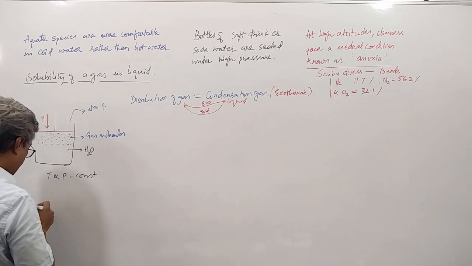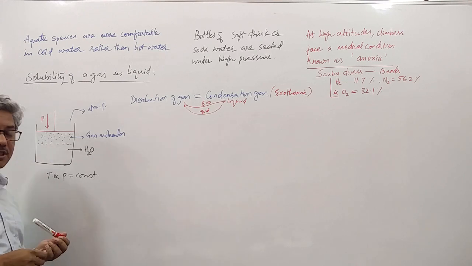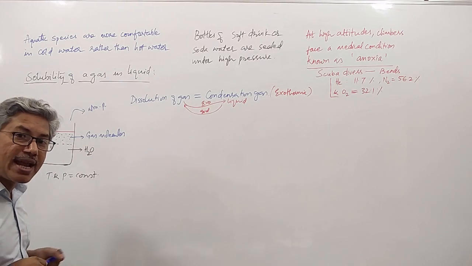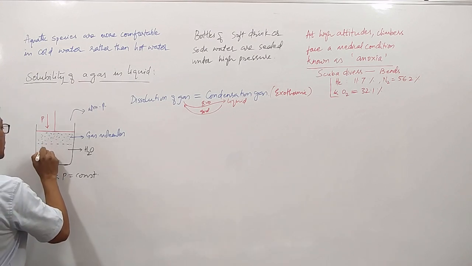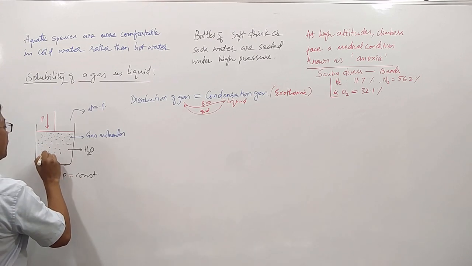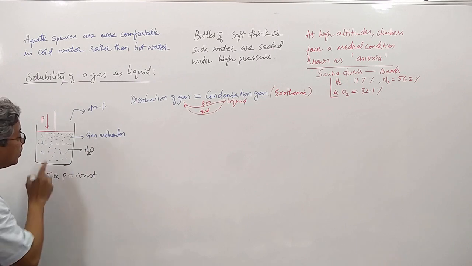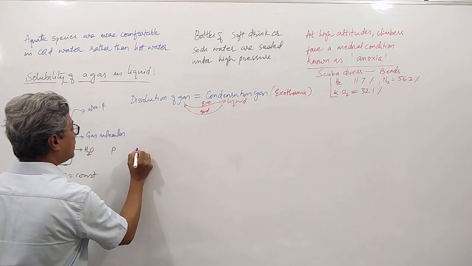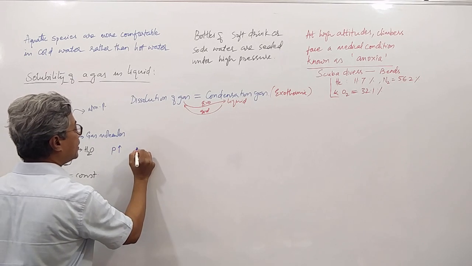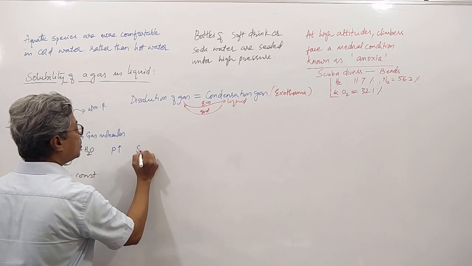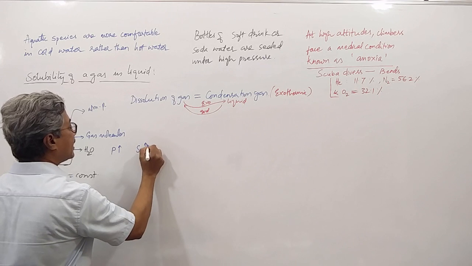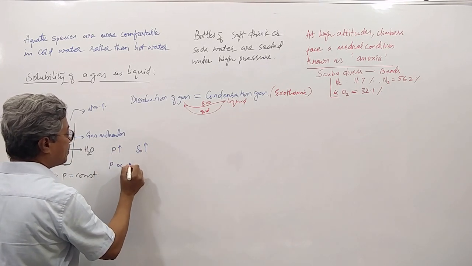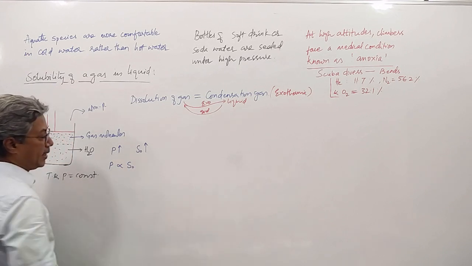Then what we notice, due to this increased pressure, is more gas molecules will enter into the solution. So this implies that if you increase pressure, solubility of the gas is also increasing. So it means that pressure is directly proportional to solubility.